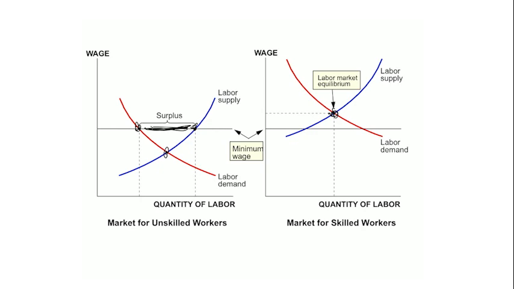So an important result of this examination of the minimum wage is that there's two things happening for the unskilled workers. One, the quantity of labor demanded is going to go down, and therefore there'll be some unemployment caused by that. At the same time, those workers who are actually working, if you like, that quantity of labor there, they're getting a higher wage than they would have otherwise. So there's this trade-off or balance.